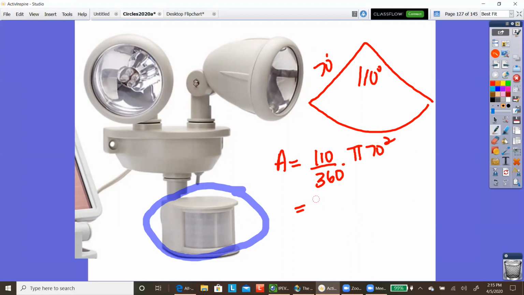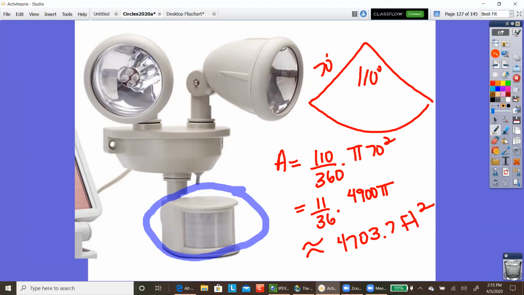Now 110 over 360 reduces to 11/36, and then this would be 4,900 pi. Let's go ahead and get the approximate answer to figure out approximately how many square feet is sensed by this sensor. So we'd do 4,900 times pi times 11 divided by 36, and you'd get approximately 4,703.7 square feet.